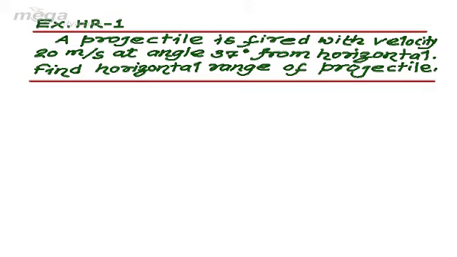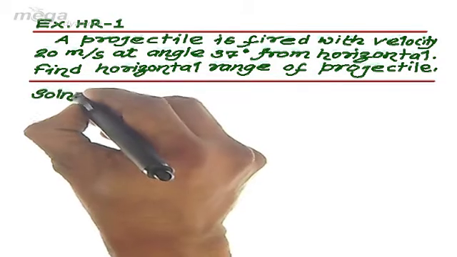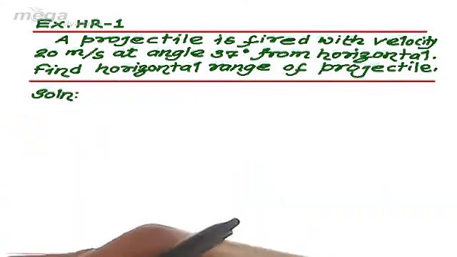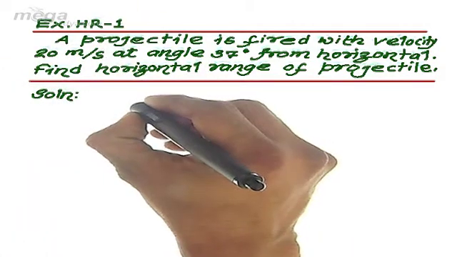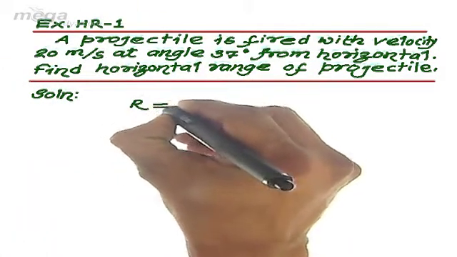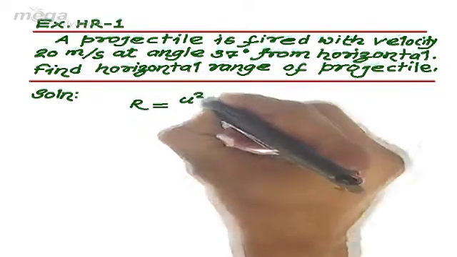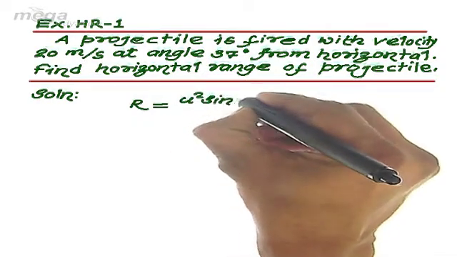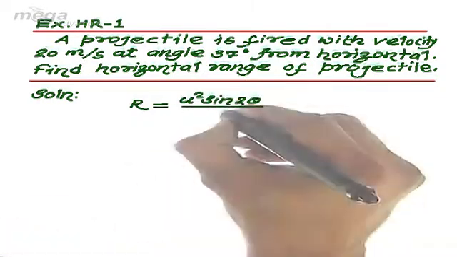It again hits the ground, and we have to find the distance between the point of projection and the point where landing occurs. So using the same formula which we evaluated, range R is equal to u square sine 2 theta divided by g.